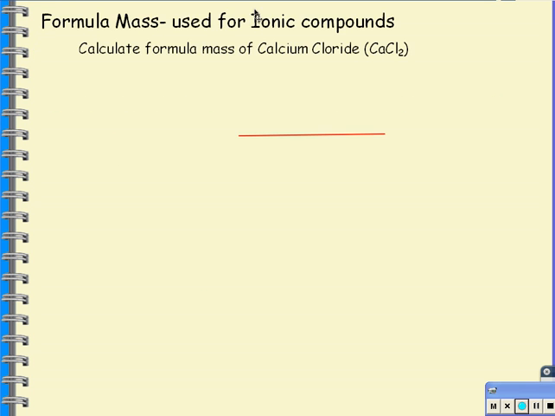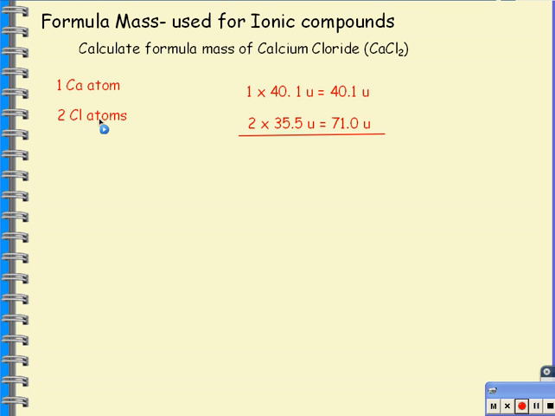So formula mass. And this is used for ionic compounds. So sort of the same way as the molecular mass. So here we have calcium chloride, CaCl2. 1 atom of calcium, 2 atoms of chlorine. Calcium is 40.1 amu, but there's only 1 of them.